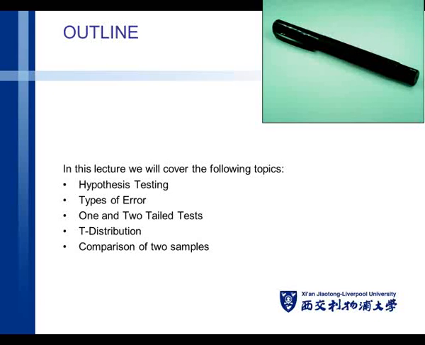Today it's hypothesis testing, then we're going to talk about types of errors in hypothesis testing, and then different types of tests, one or two tailed tests, hypothesis testing with small sample size, t-distribution, and then a comparison of two samples. The last step is useful also for your tutorials.